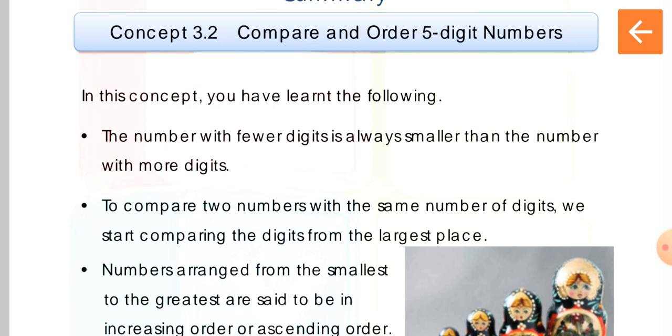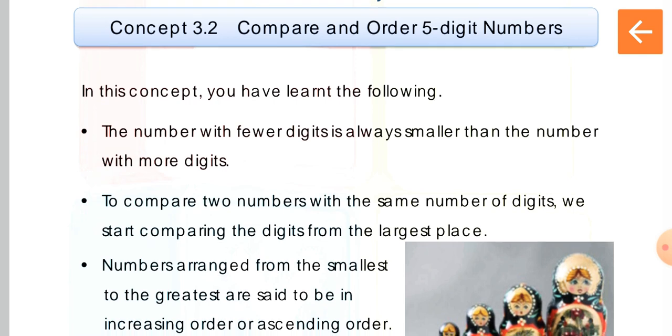In the numbers 520 and 620, the largest place is hundreds place, right? So you have to compare the digits in hundreds place here. That is 5 and 6, you can compare and check which is smaller and which is larger, and accordingly you can put the symbol. Got it children?